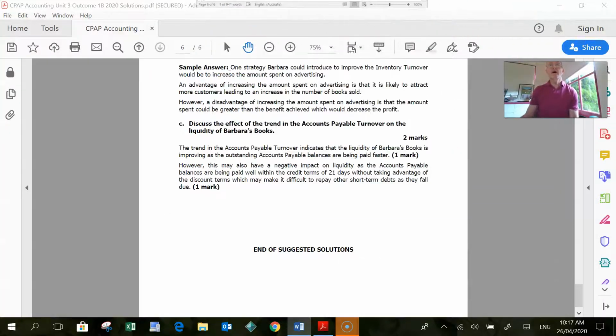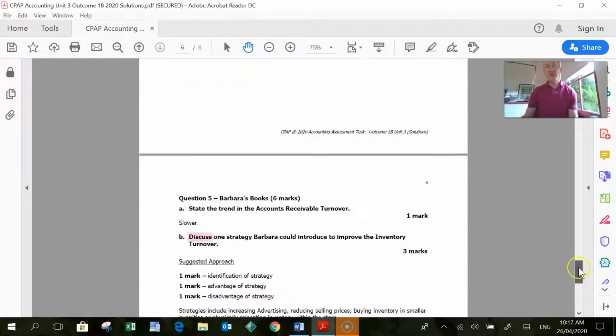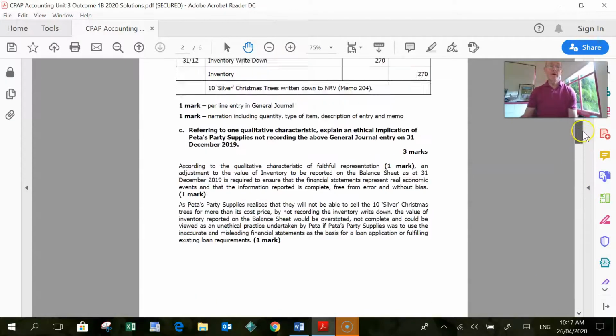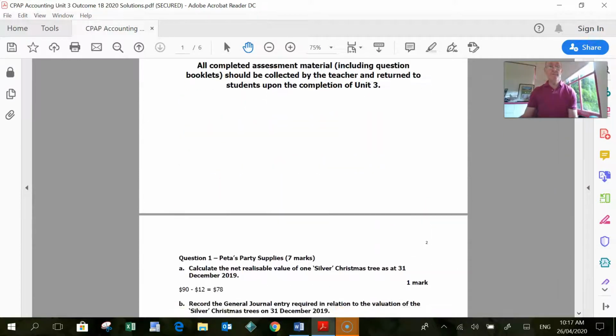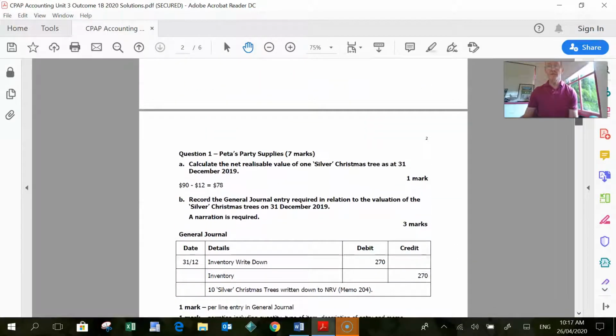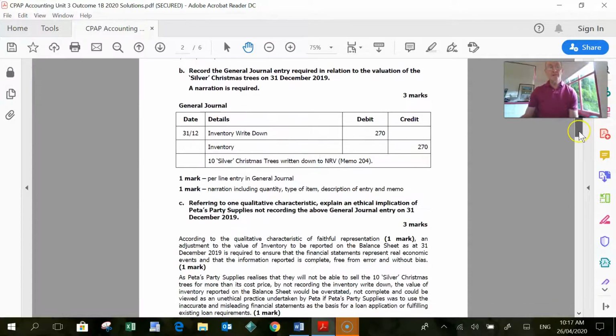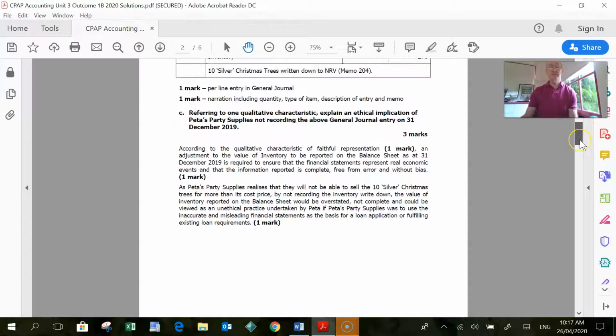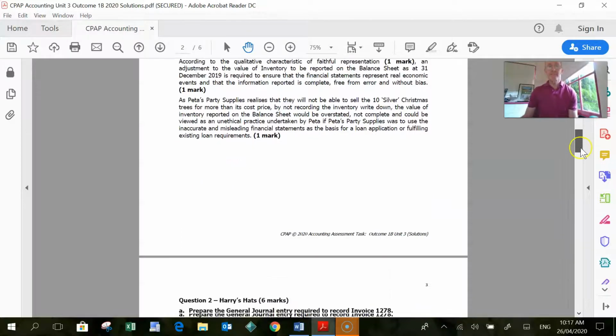So overall, pretty good. Lots of students in the 20s, quite a few in the high 20s. So quite a good understanding. Quick recap for those who made a mess of the first one: understand exactly what a net realisable value calculation involves. Make sure your discuss questions are giving an alternative viewpoint.